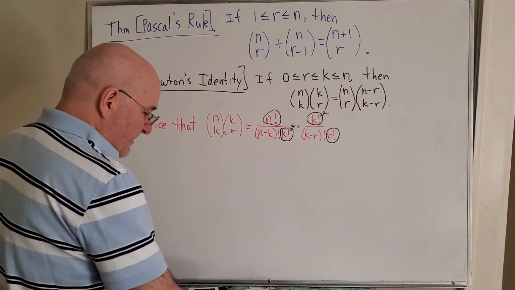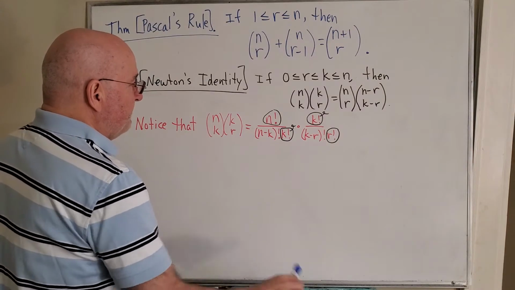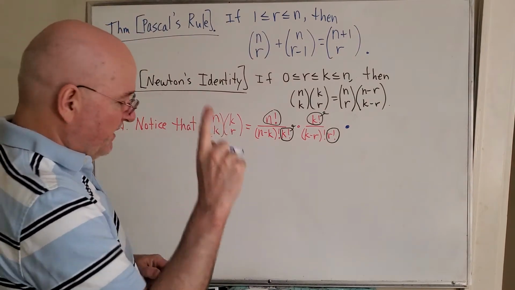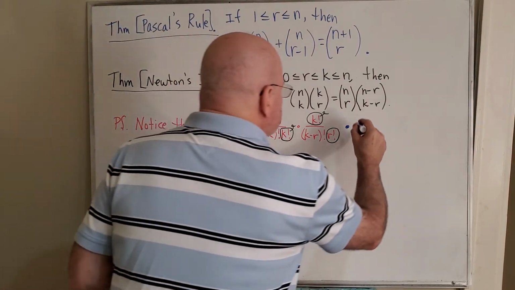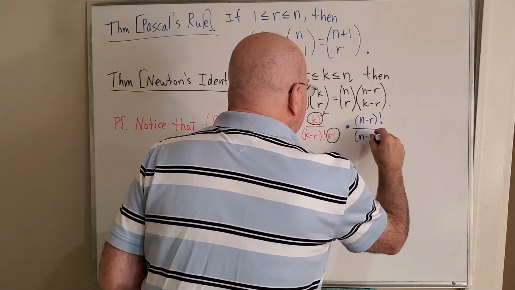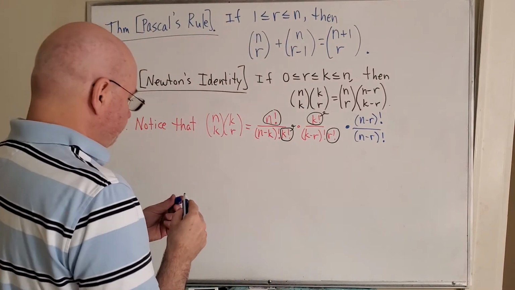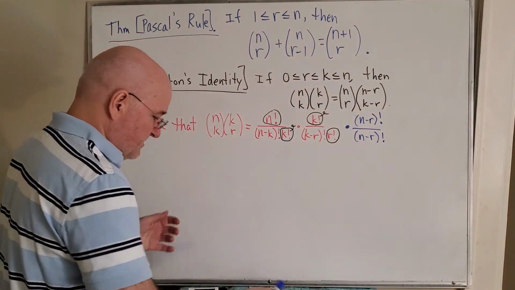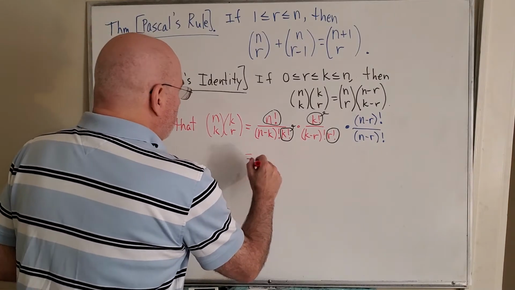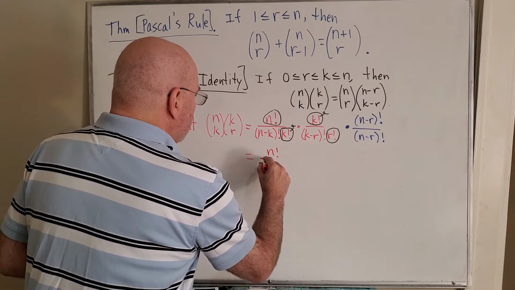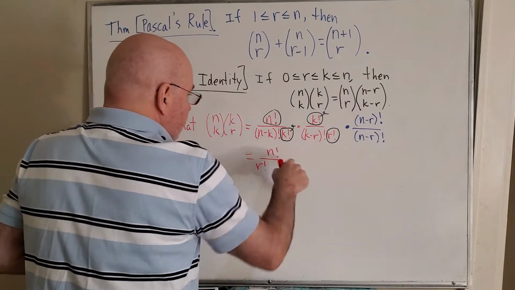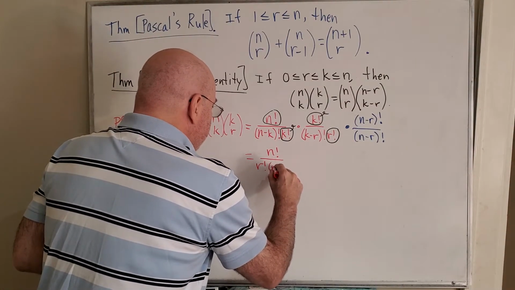And let me see, maybe I can save a line. I'm going to do one more step. I'm going to multiply this by 1 in the form of n minus r factorial over n minus r factorial. Perfectly legal to do. And now let's see if we can get this arranged in a nice way. I want the n factorial over the r factorial, and I'm going to take this n minus r factorial right here.